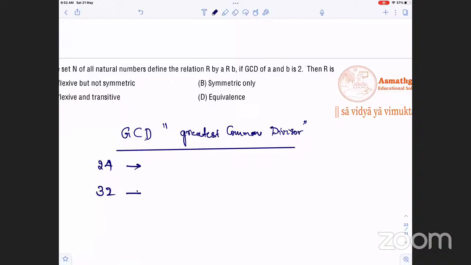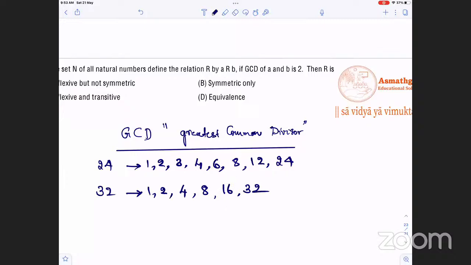The divisors of 24 are 1, 2, 3, 4, 6, 8, 12, 24. The divisors of 32 are 1, 2, 4, 8, 16, and 32.